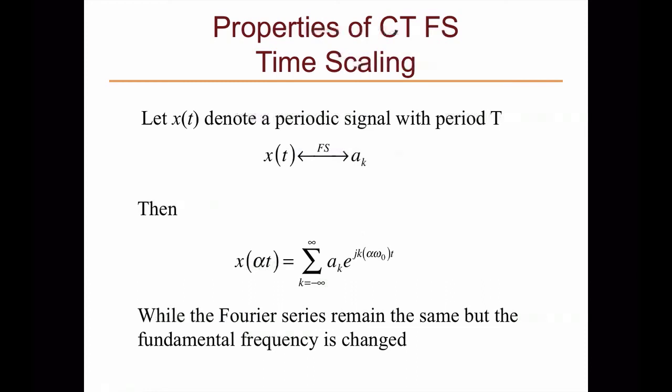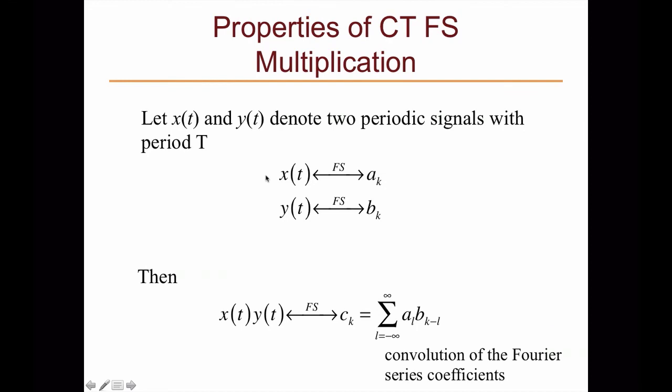This means that you would have the same values of ak, but the fundamental frequency will be changed by the factor of alpha. This is the multiplication property. If you have two signals, one corresponding to ak, another corresponding to bk, and then you multiply them together, what you have would be something like the convolution of the Fourier series coefficients in the frequency domain.